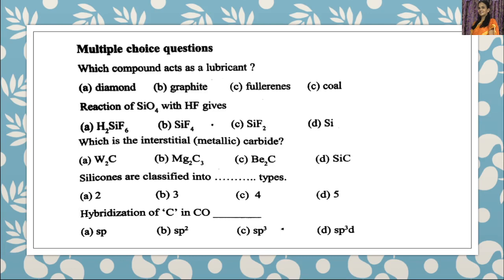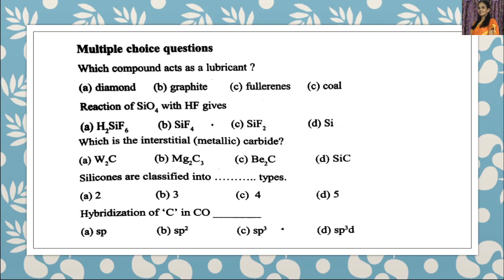When it is treated with HF, hydrofluoric acid, what is the product obtained? In this reaction, SiO2 combines with HF, and the product obtained is H2SiF6.